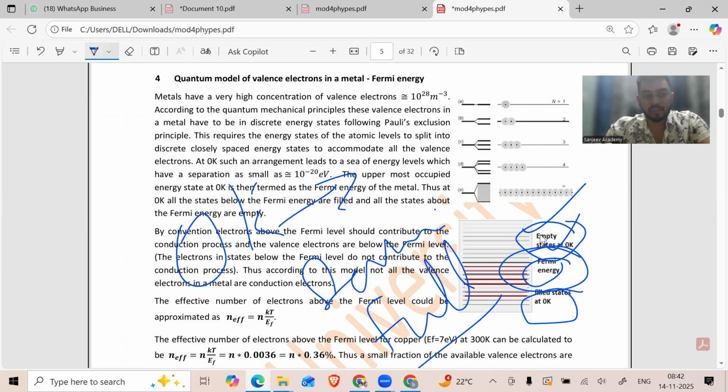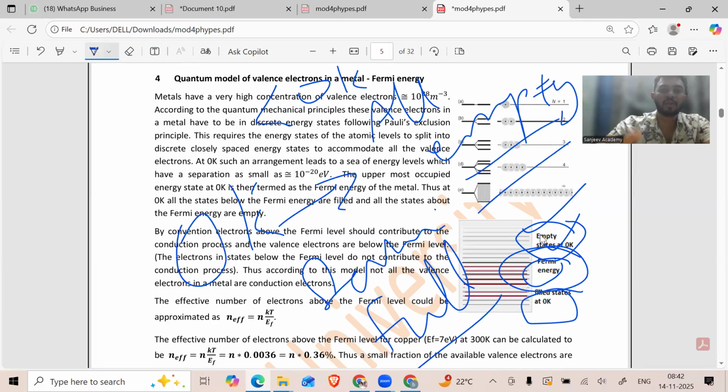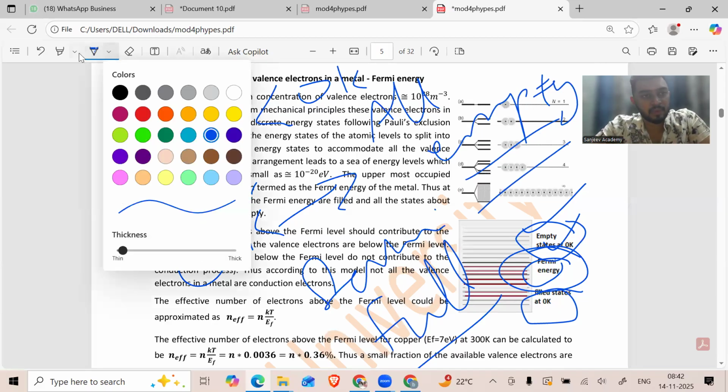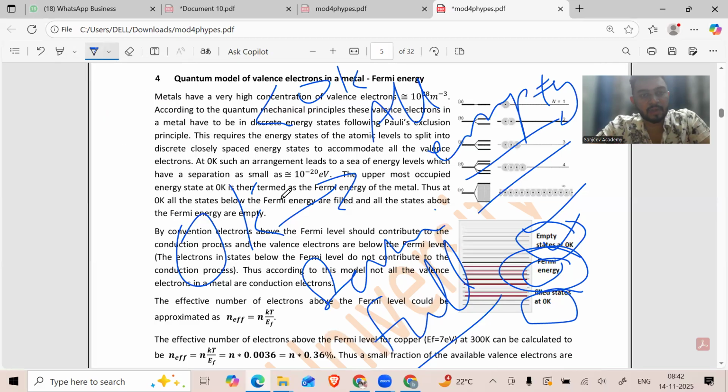Above that, all the energy levels are empty. This you can note down. You can pause it and note it down.